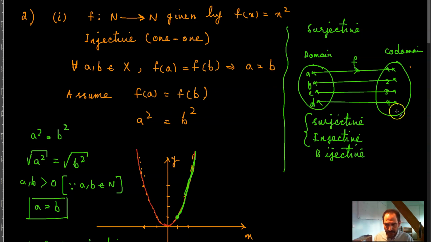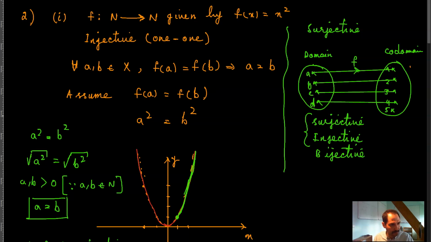Now suppose that in the same situation I have another element here, for example 5. It's not the image of any element in the domain, right? And so what that means is that the function is still a function.